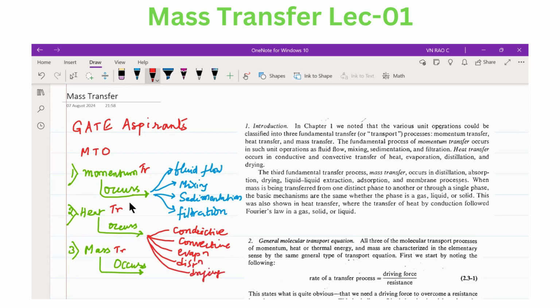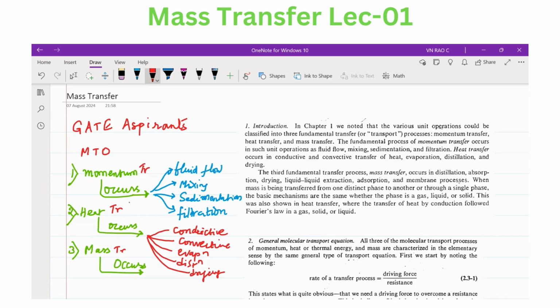So we have seen the two transfer processes: momentum transfer occurs in fluid flow, mixing, sedimentation, filtration. Heat transfer occurs in conductive and convective transfer of heat, evaporation, distillation, and drying.